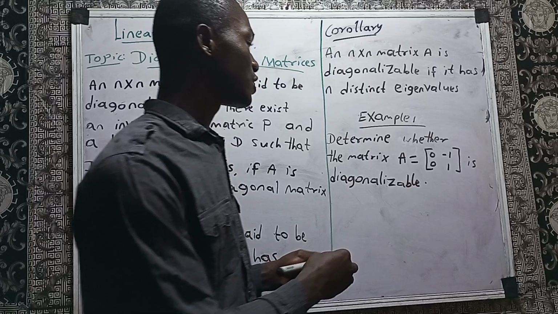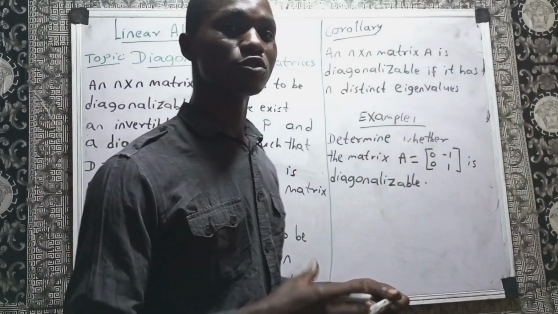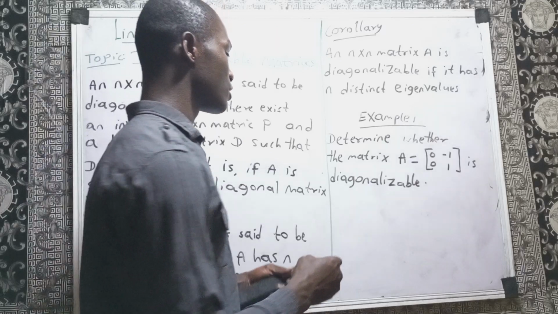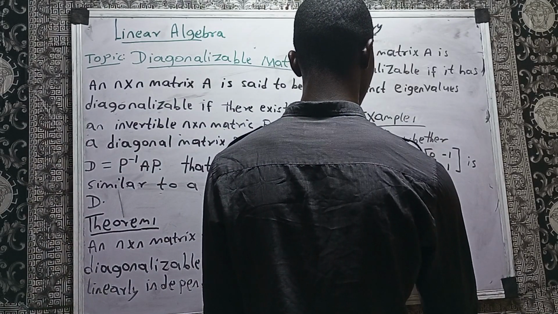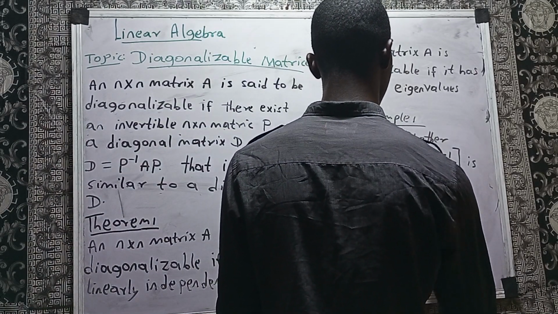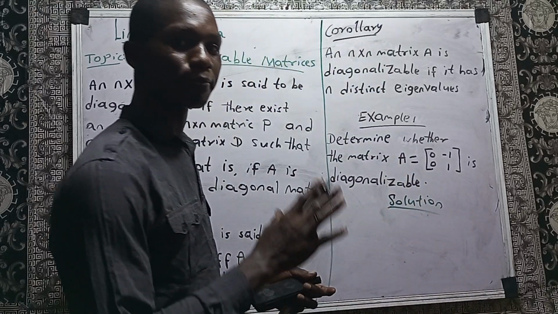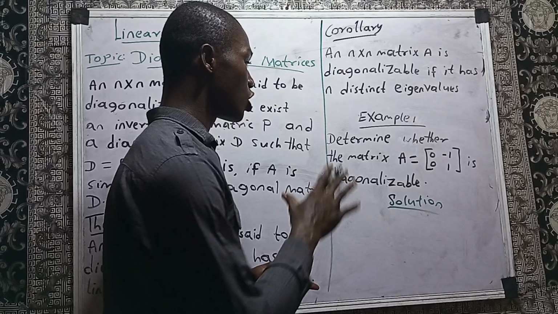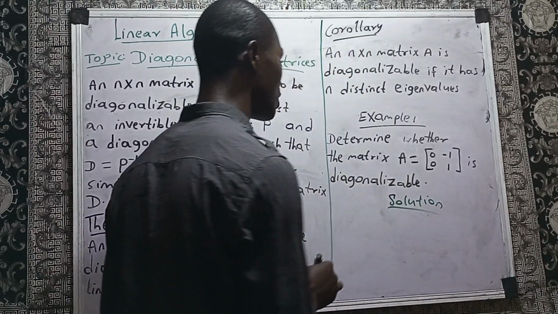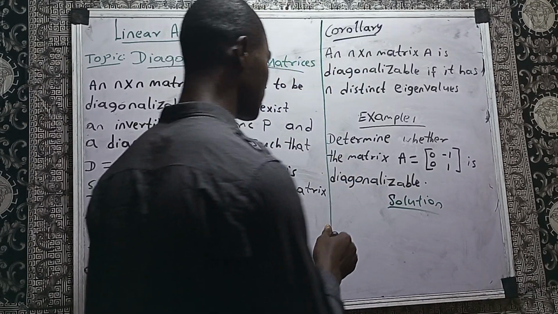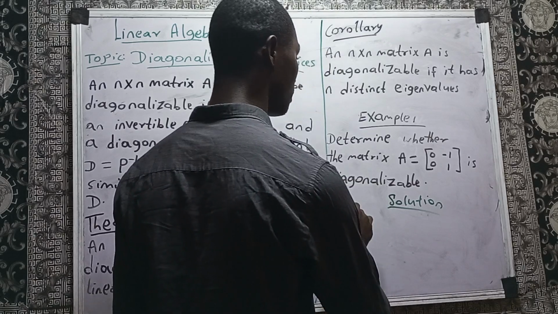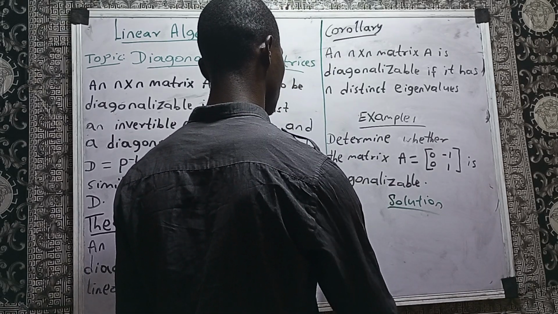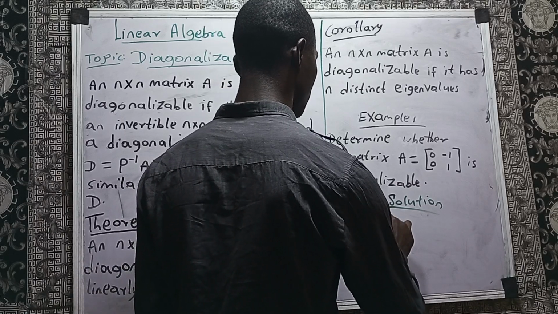This particular matrix A is given to us, and we want to know whether this particular matrix A is diagonalizable. So let's proceed. Solution. The first step is to compute the eigenvalues of this particular matrix.